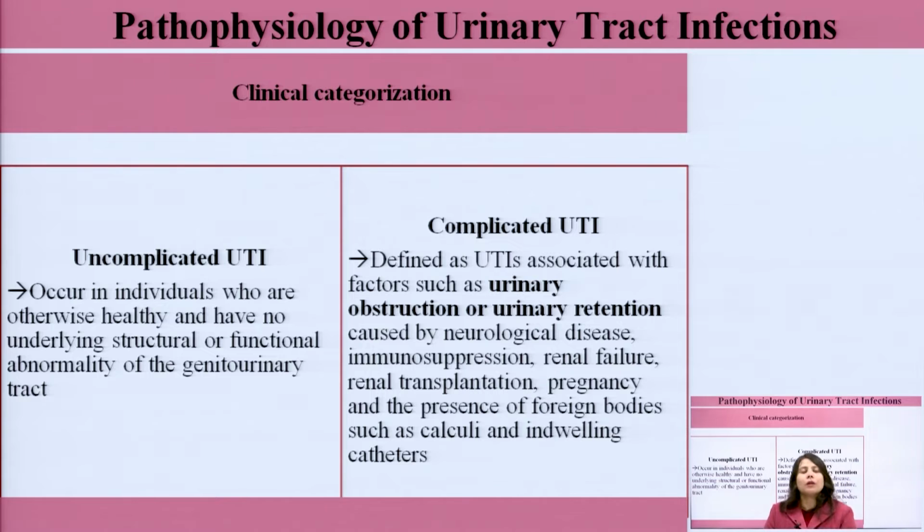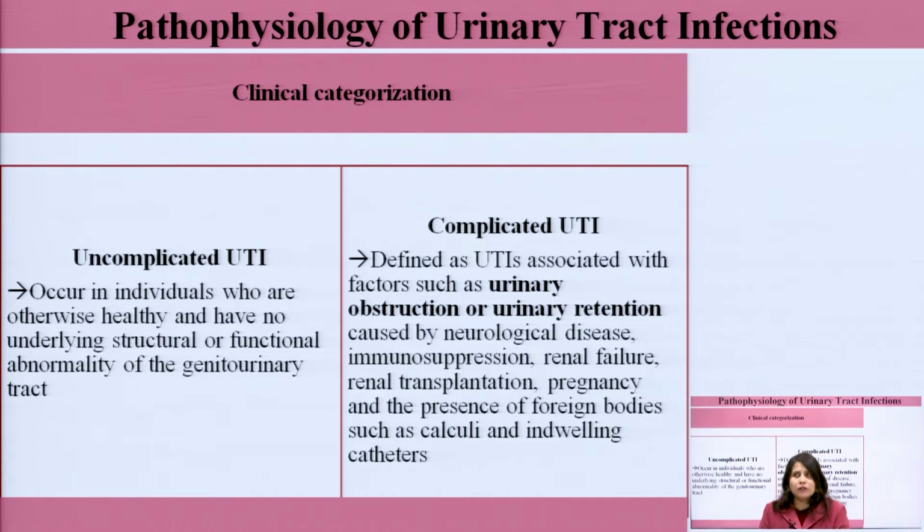Apart from these foreign bodies, urinary retention or urinary obstruction, there can be other disease conditions or ailments in an individual, or there can be the use of urinary catheters, urethral catheters.